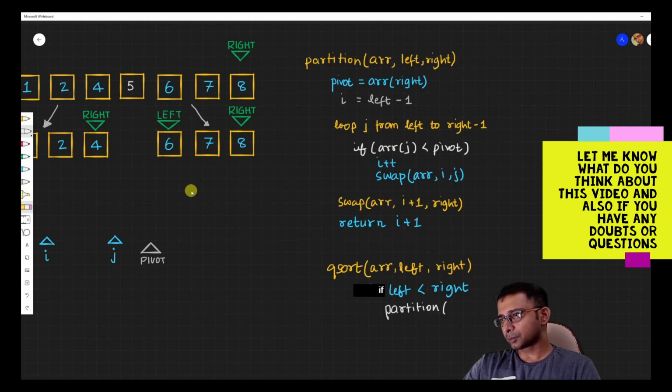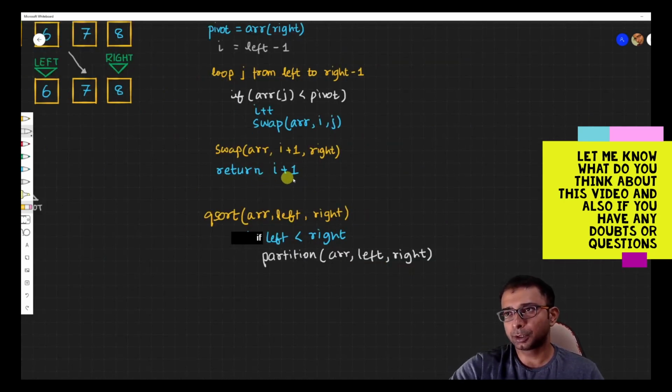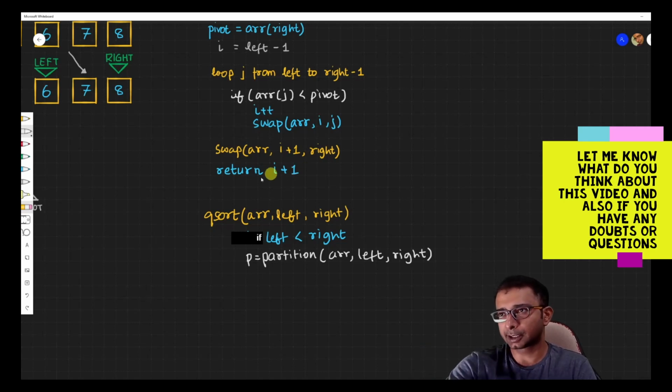For the partition, we are going to pass the array, the left and the right. So this is how it's going to look. And over here, if you remember, the partition will tell me where I should break my next partition, right? So I will receive the return value in a variable over here, which is my pivot position that I'll be getting, not the pivot number. So I'm returning the index over here.